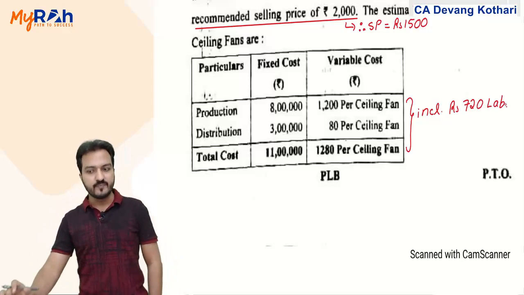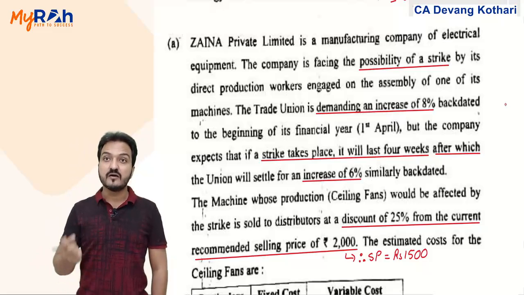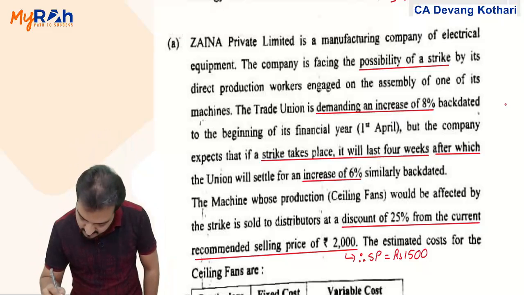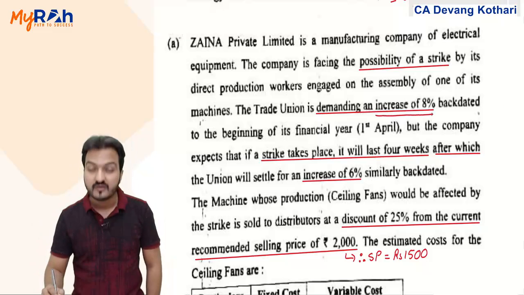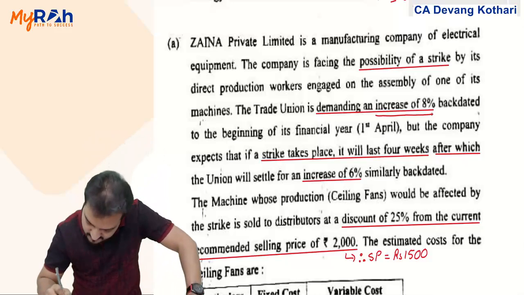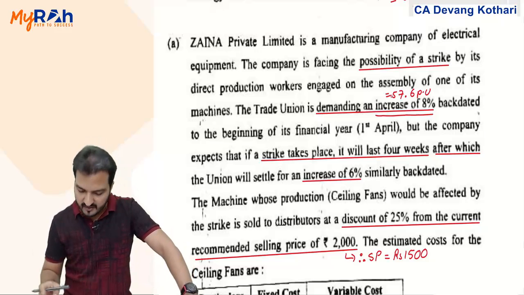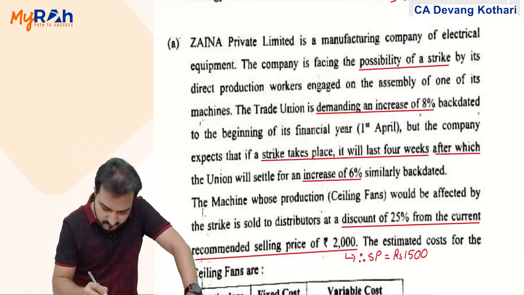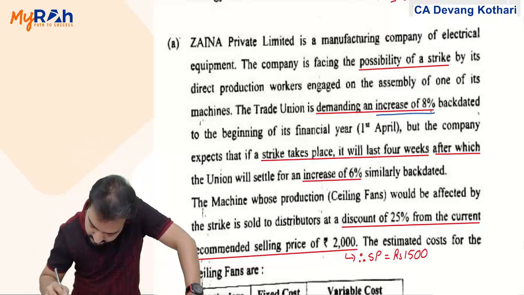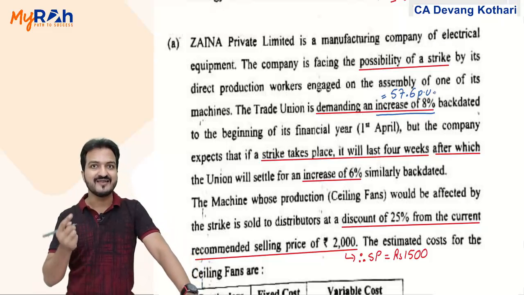So if the union is demanding increase of 8%, increase of 8% means 8% of 720. 720 into 8%, that is 57.6 per unit. 57.6 per unit is the increase they are demanding.